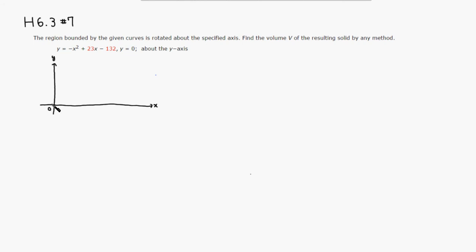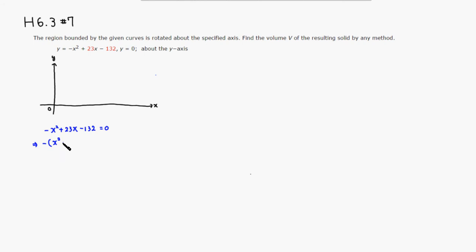All right, and we want to find the x-intercepts, so let's do that. So you have negative x squared plus 23x minus 132. We set that equal to 0 so that we can find the x-intercepts. First, I don't like having a negative number here, so I'm going to factor out the negative sign from everyone.